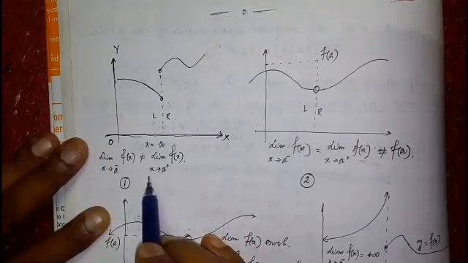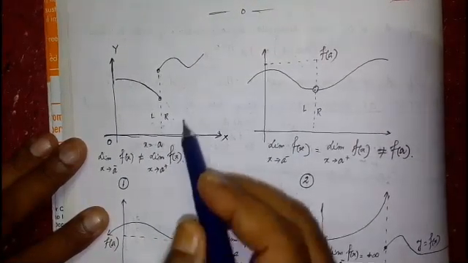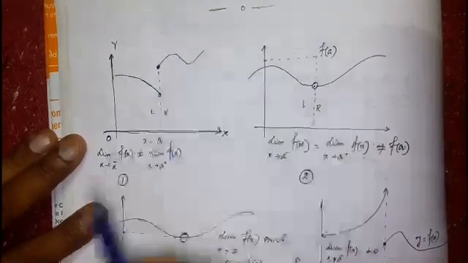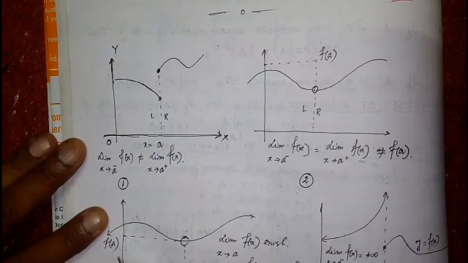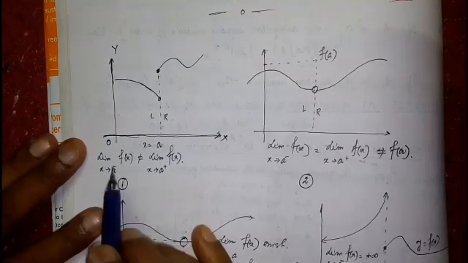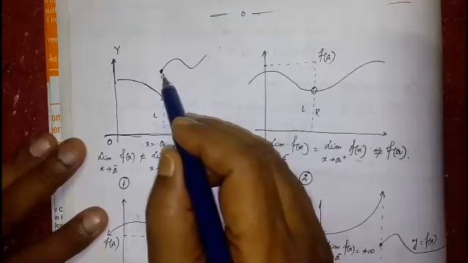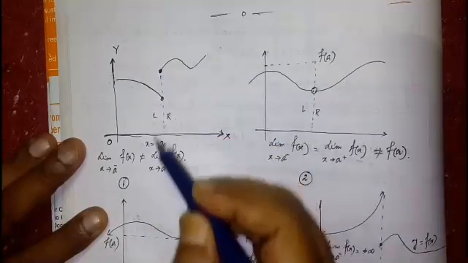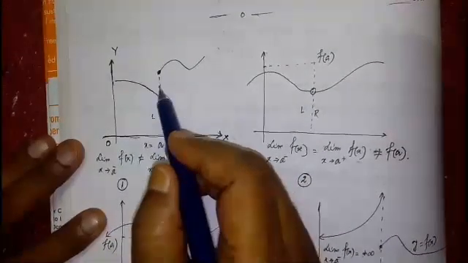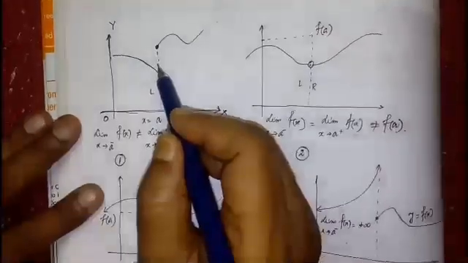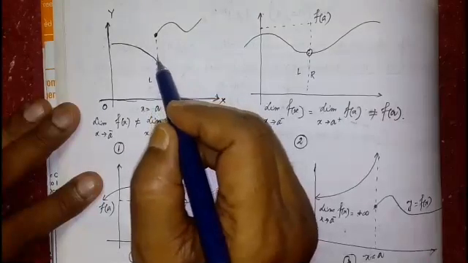And limit x tends to a plus f(x), say its graph is like this. Then we see that the left hand limit is not equal to the right hand limit. There is a jump, that is a gap. That is why this is called jump discontinuity. This is actually the first kind of discontinuity, or jump discontinuity.